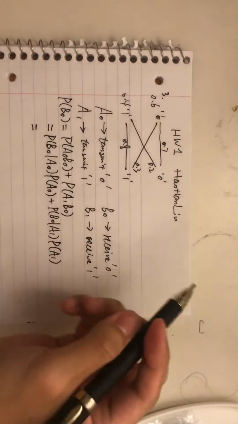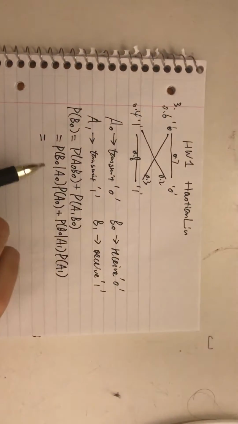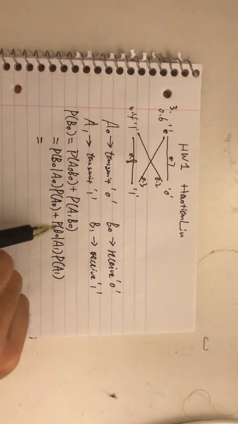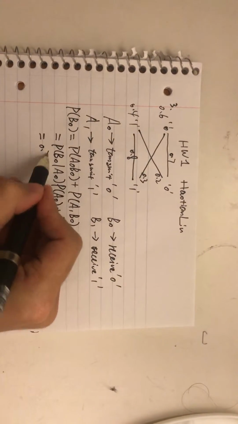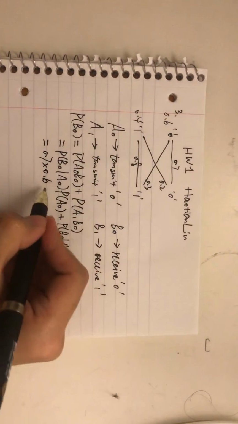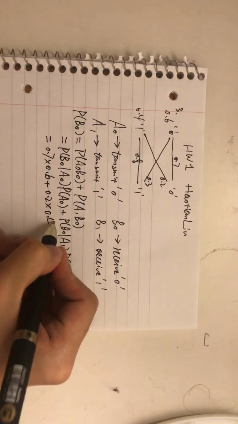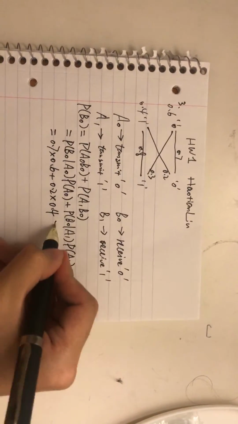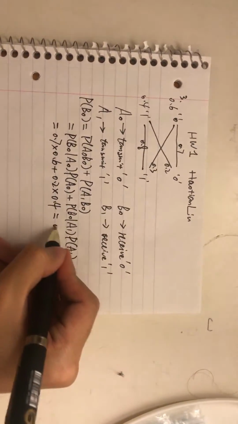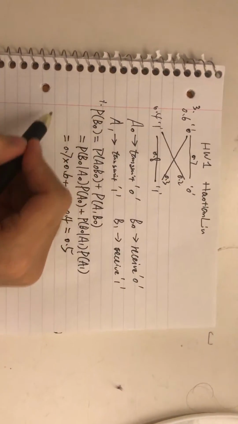We already know the four probabilities here, which gives 0 plus 0.2 times 0.4, and the final result is 0.5. And this is the first question.